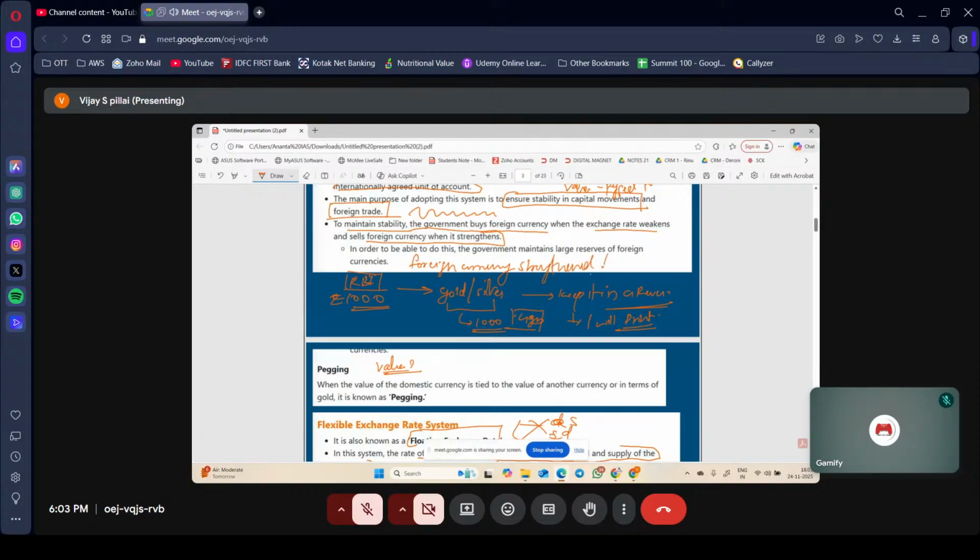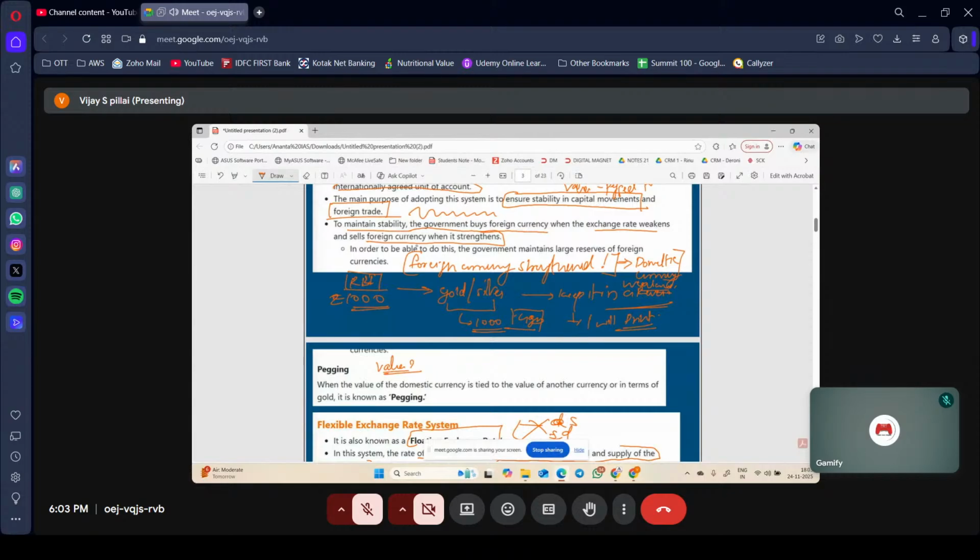This statement automatically implies that our domestic currency is weakened.